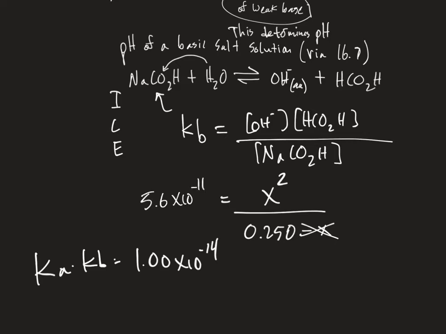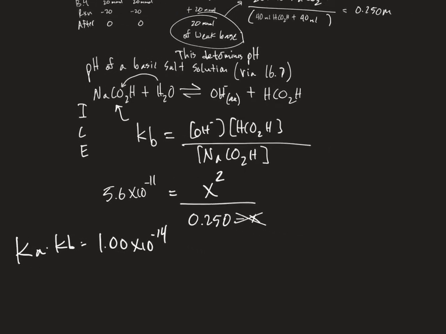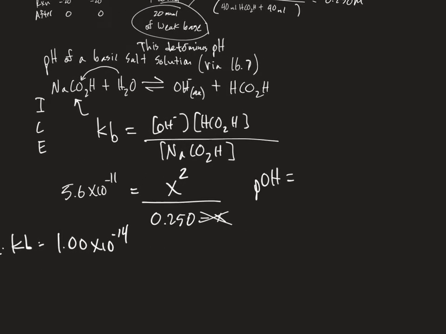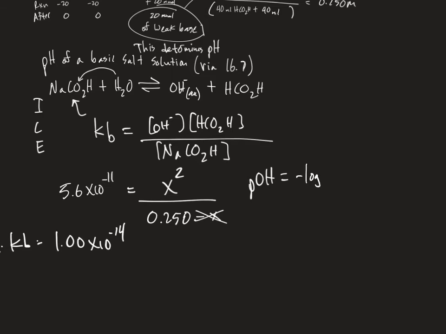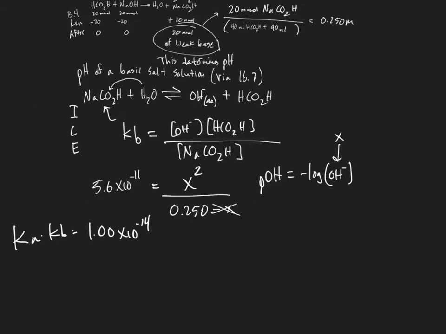Now all we have to do is solve for x. And remember, pOH equals the negative log of OH minus. X is equal to OH minus in this equilibrium problem.